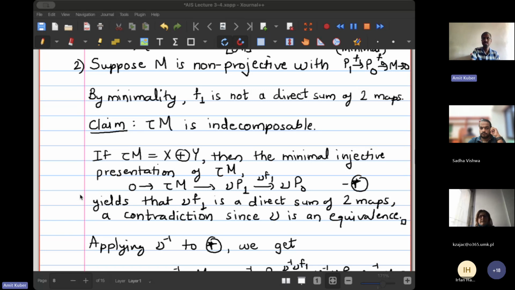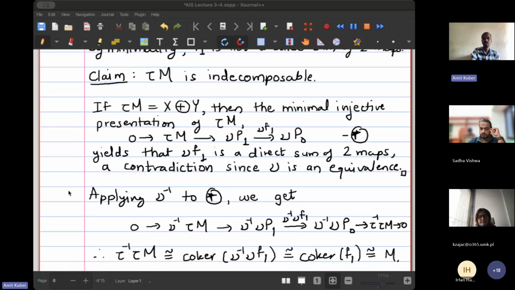Okay, now let us try to finish the proof. We have established that tau M is indecomposable, so apply nu inverse to star, and what do we get? Well, nu inverse tau M to nu inverse nu P1, which is P1, this is P0, and this is tau inverse tau M to 0. So what do we know? Whatever this map is, tau inverse tau M is just the co-kernel of that.